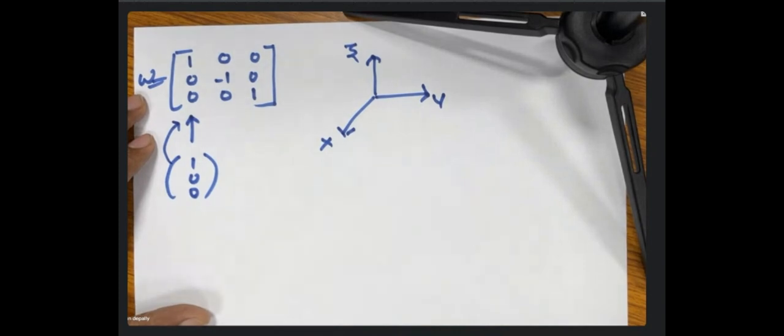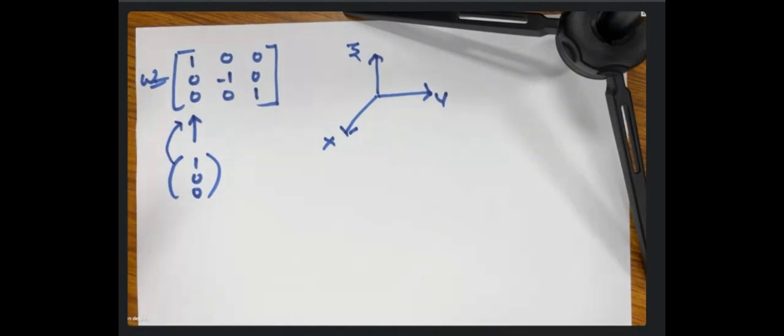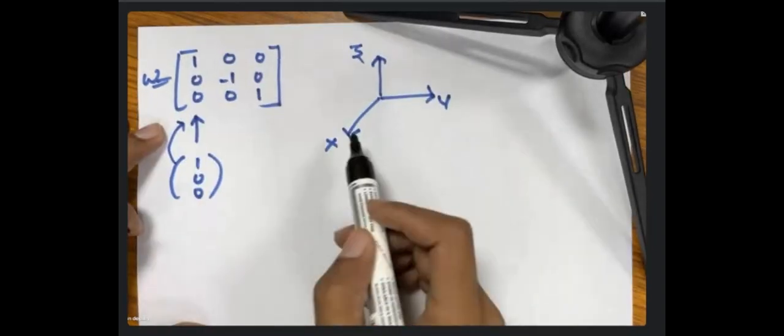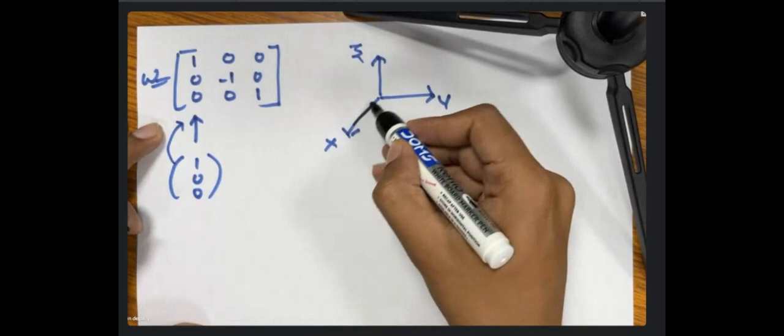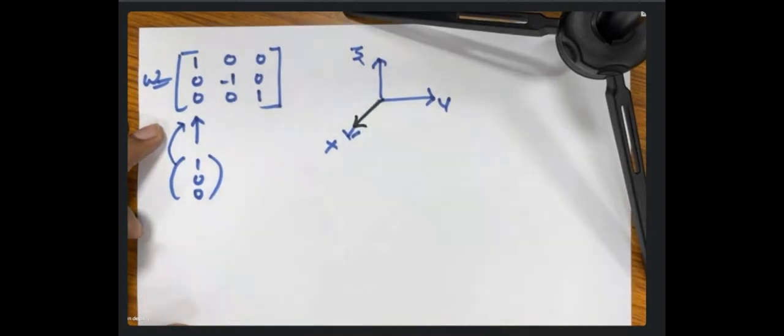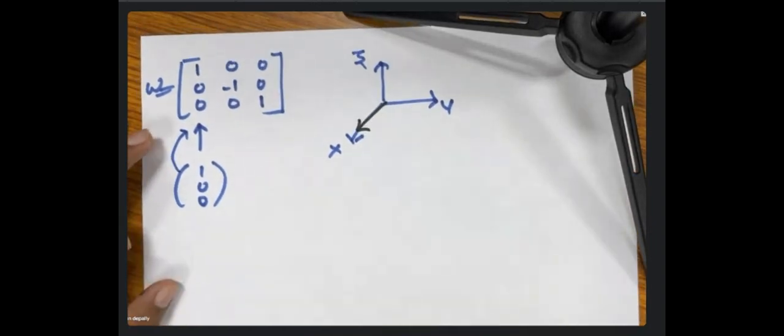It's not changing itself. The initial is drawn with the blue color. Let me draw the final with the black color. So finally it is also at the same place.